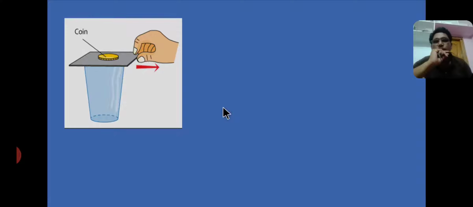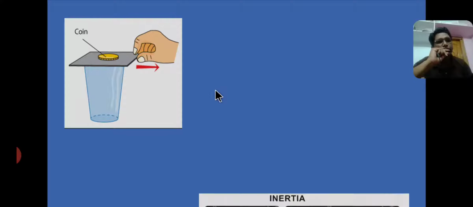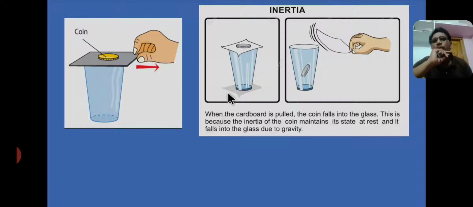Now, this is an example of inertia of rest. Here I placed a cardboard on a glass and a coin is placed on the cardboard. If I pull the cardboard, what happens?